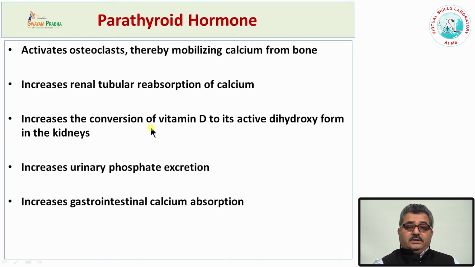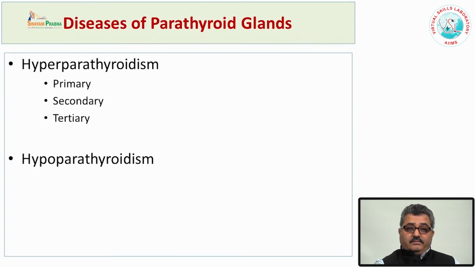It also increases the conversion of vitamin D to its active dihydroxy form, which is involved in calcium metabolism. It increases the urinary phosphate excretion, thereby causing more resorption of calcium from the tubules. It also increases the calcium absorption from the gastrointestinal tract.